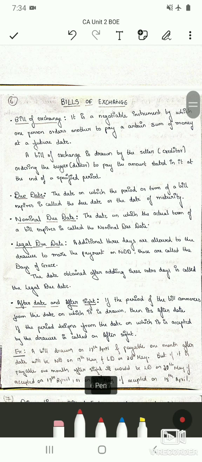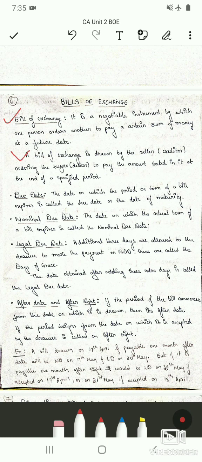With this brief introduction we will see the definitions and some of the important terms used in bills of exchange. First one is the definition of bills of exchange. A bill of exchange is a negotiable instrument by which one person orders another to pay a certain sum of money at a future date. Quite straightforward. It is a negotiable instrument by which a seller asks a buyer to pay whatever amount he purchases from him at a future date.